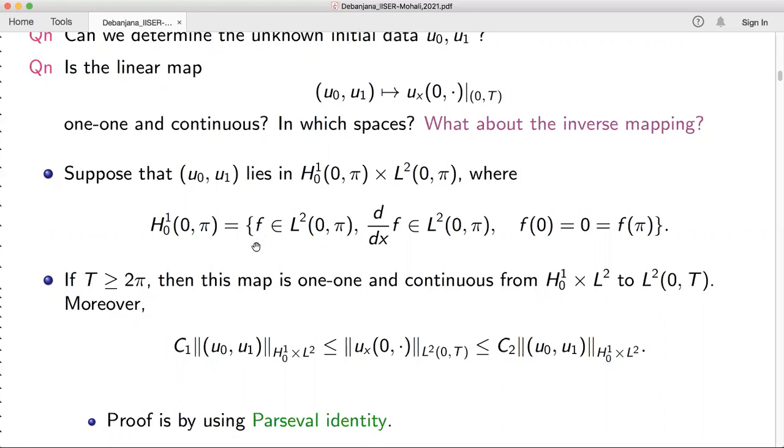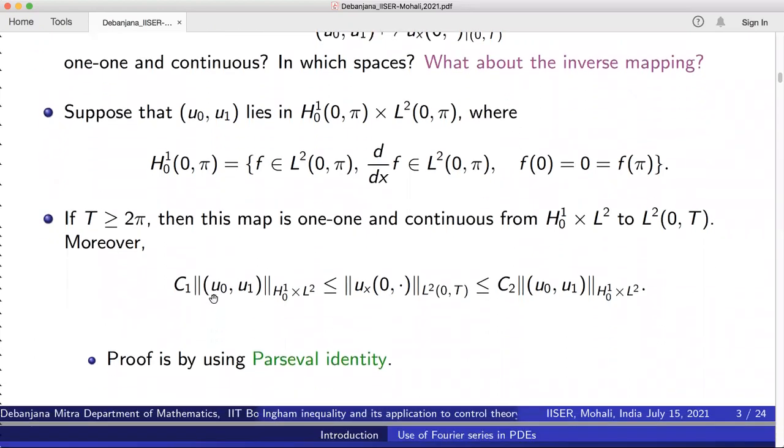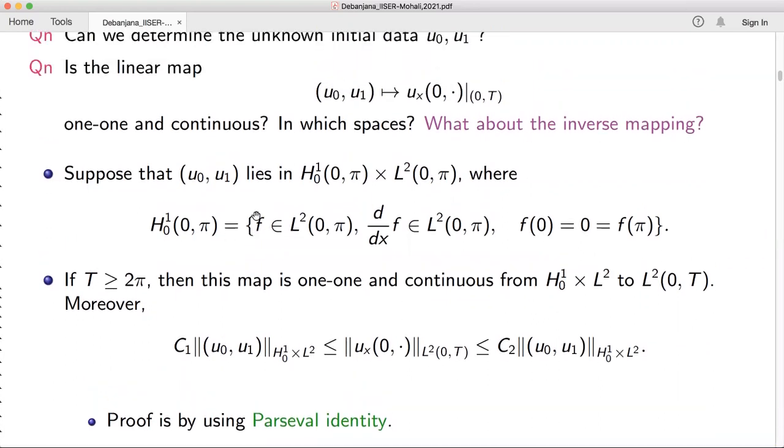Now the inverse problem we would like to understand is this: if T is greater than or equal to 2π, then the map F, which is the forward problem, goes from (u0, u1) to the observation u_x. Our question is whether the inverse of that mapping exists and whether it satisfies any bound.